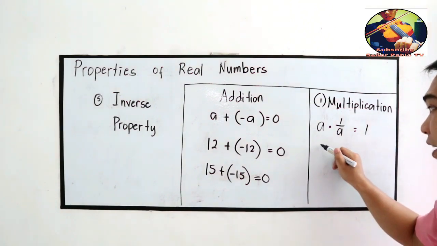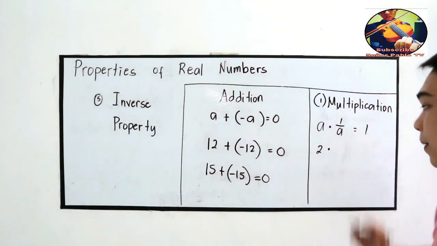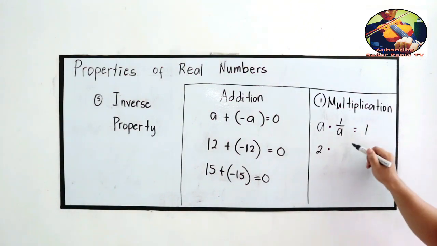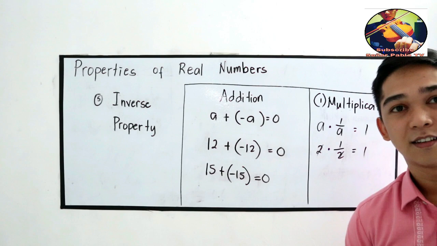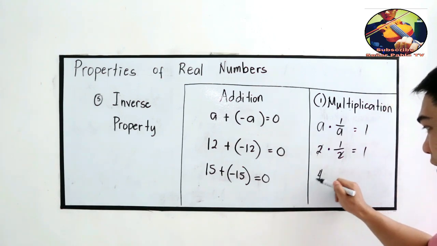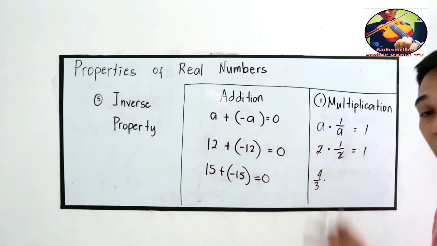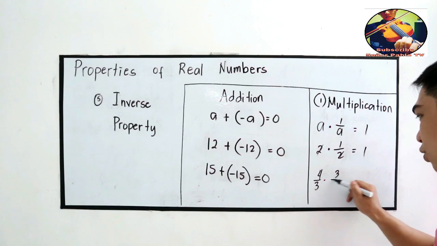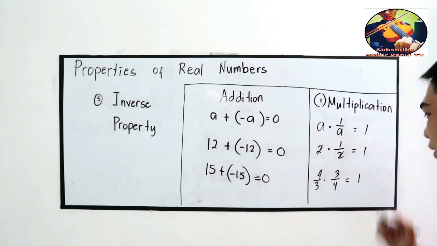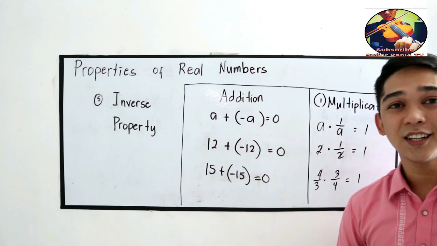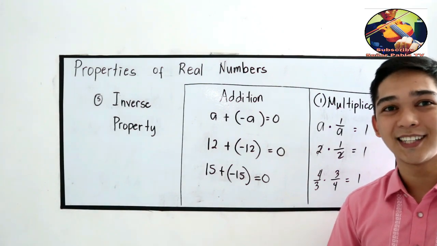So, kapag meron tayong 2, multiply natin dyan ang reciprocal nito, 1 over 2. So, yan ay magiging 1 na. Kapag meron tayong 4 over 3, ang reciprocal niyan, 3 over 4. The product is 1. So, ayan si inverse property.